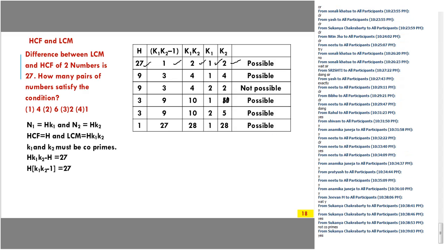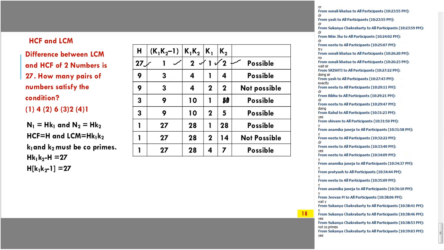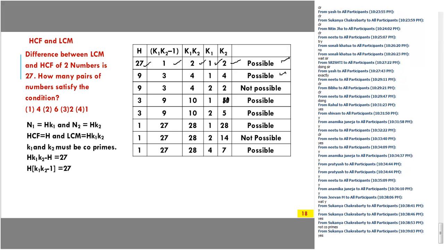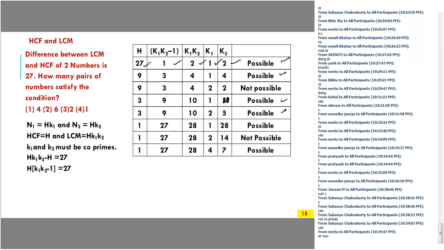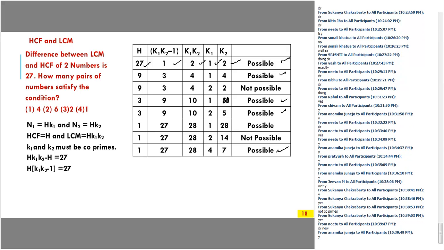Next one. 1 into 27, 28, 1 into 28 possible, 2 into 14 not possible, 4 into 7 possible. So how many numbers are possible now? 6 numbers are possible. How many are clear with 6 numbers?